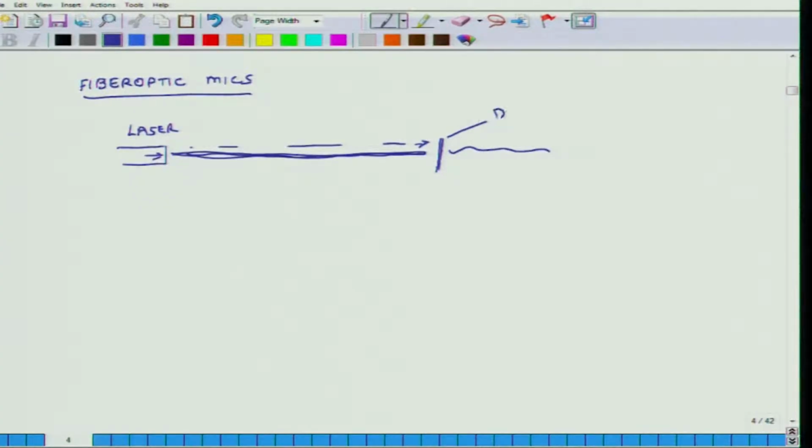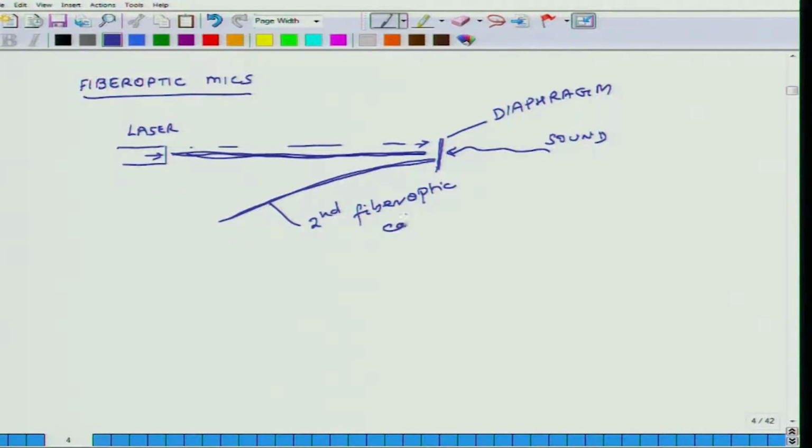So this is your diaphragm, and here you have sound. And then here you have a second cable, and at the end of this I have a device called photodetector.